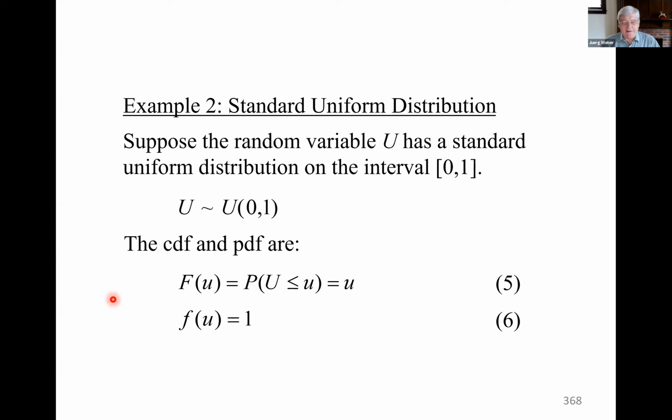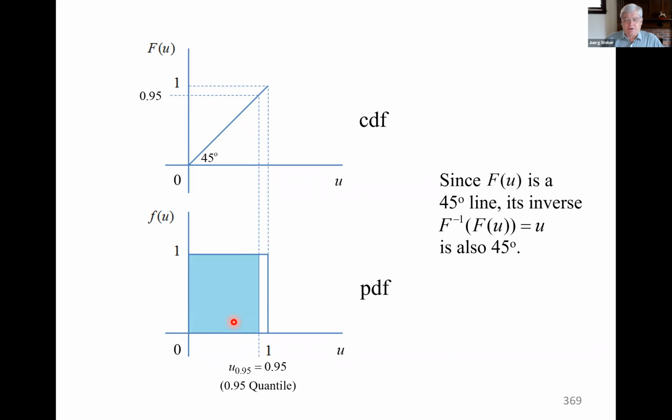Now the CDF for the uniform distribution is very simple, and the PDF is just a constant. Let's look at that. So you probably know the uniform distribution. We have here a CDF, which is a 45-degree line. And we have a PDF, which is just a constant equal to 1.